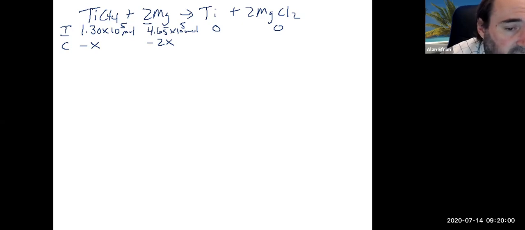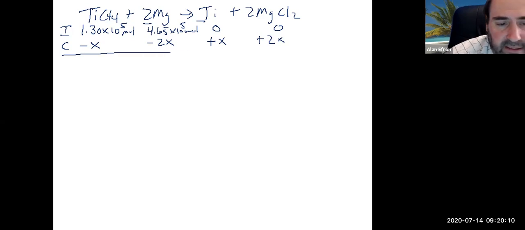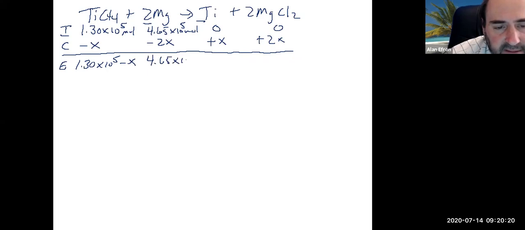On the product side, we're going to be gaining, so this would be plus x, coefficient is 1, and plus 2x. That means that when we get to the end, we have 1.3 times 10 to the 5th minus x, 4.65 times 10 to the 5th minus 2x, x, and 2x.